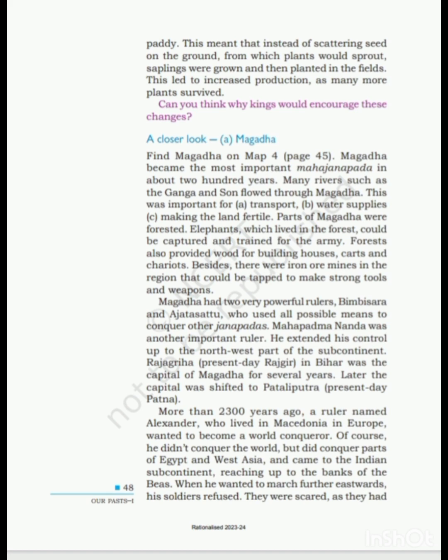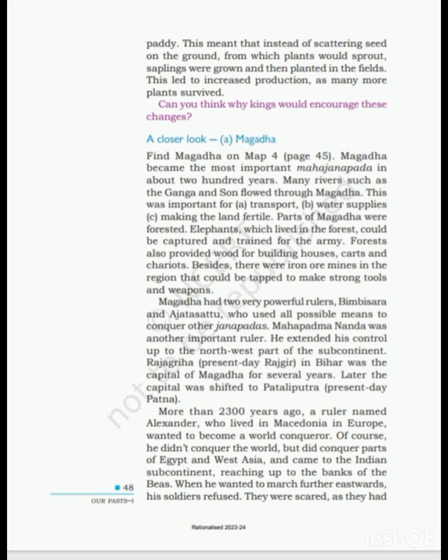Elephants which lived in the forest could be captured easily and trained for the army. Secondly, forests also provided wood for building houses, carts and chariots.